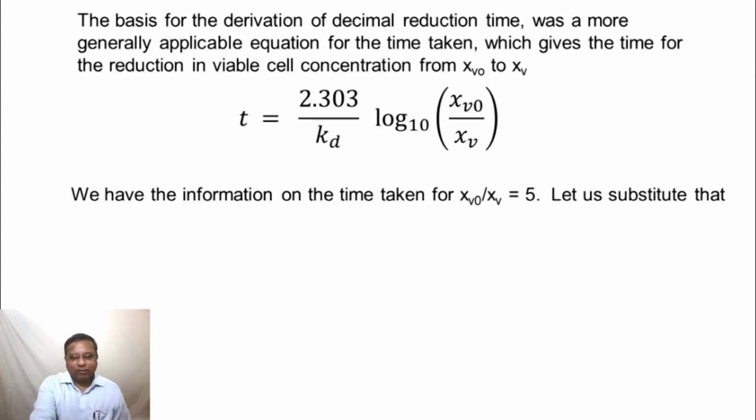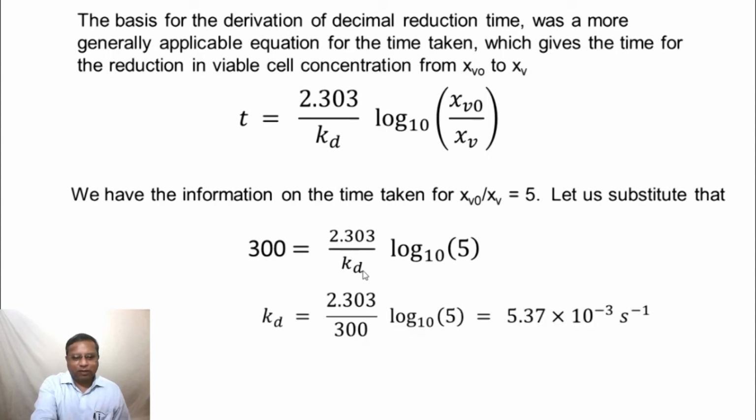So if we substitute here, this becomes 5. So we need 5 minutes or 300 seconds for a 5-fold reduction. Therefore, 300 equals 2.303 by Kd log 5 to the base 10. So Kd is the only variable here.